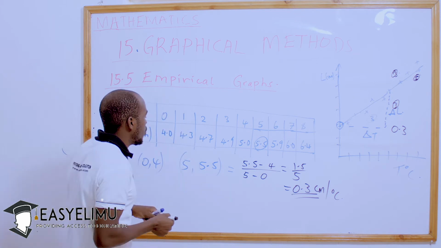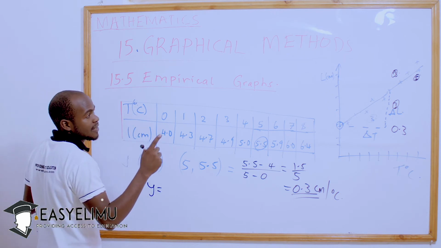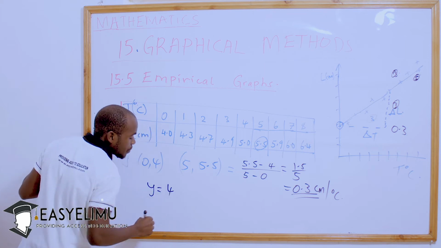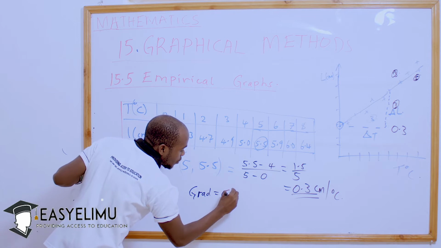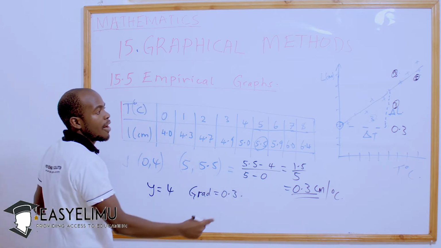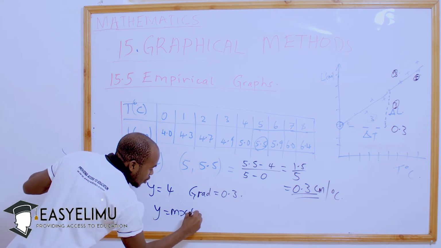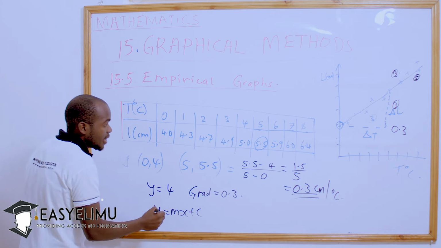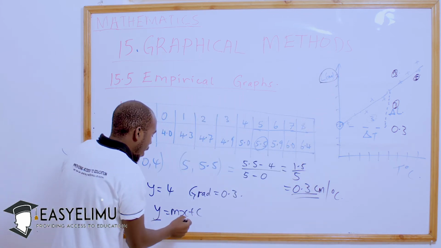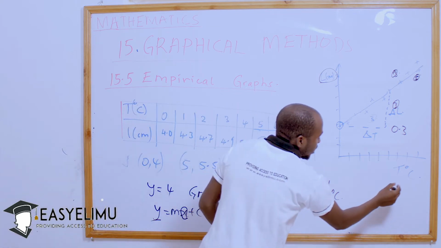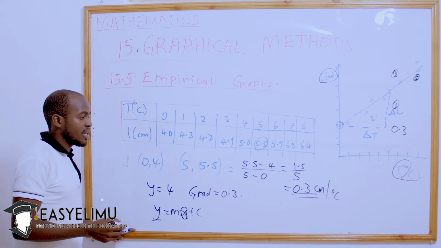Since we have found that the graph cuts the y-axis at 4, and the gradient is equal to 0.3, we can write our equation in the form y equals mx plus c, whereby y is now replaced by L and x is replaced by T. This is T in degrees Celsius, that is temperature.